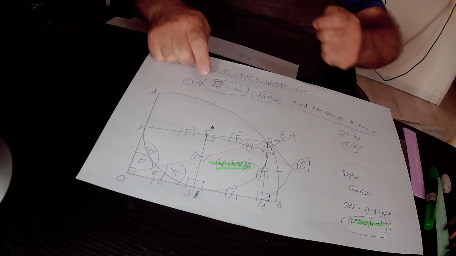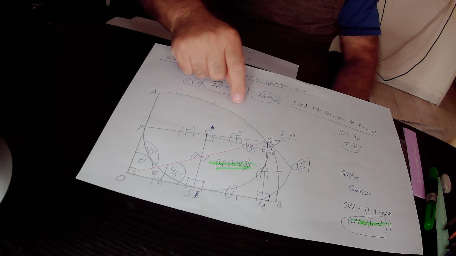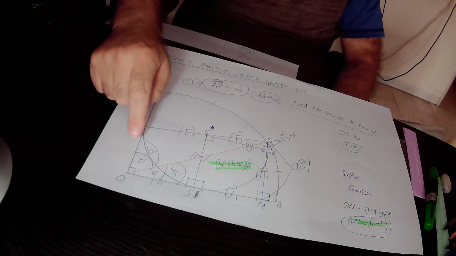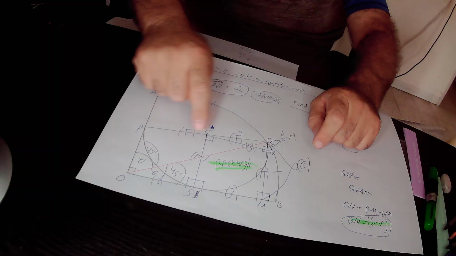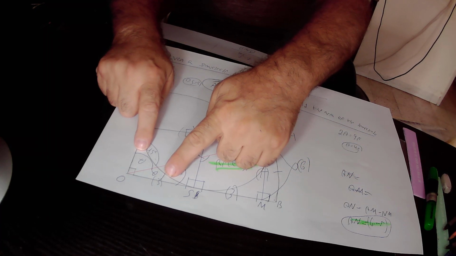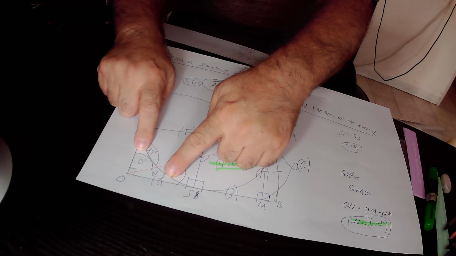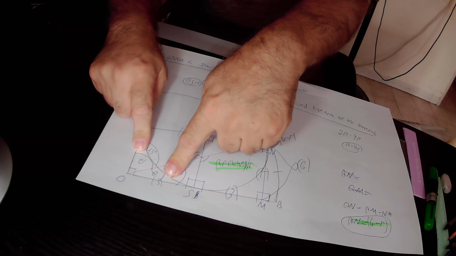This is angle AOQ, which subtends arc AKQ. Likewise, this is angle MOQ, which subtends arc QB. Because those two angles subtend equal arcs, since AQ is equal to QB, they are equal to each other in size.